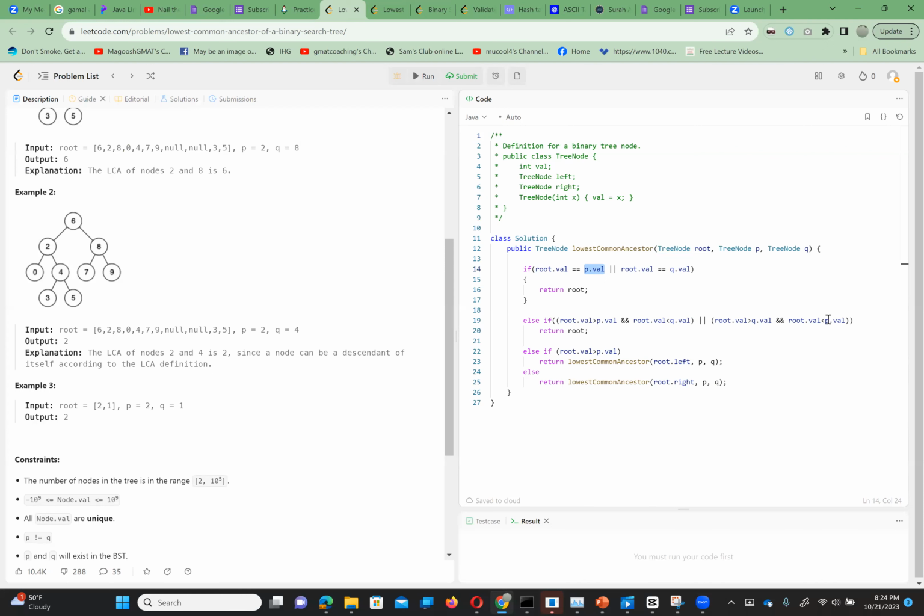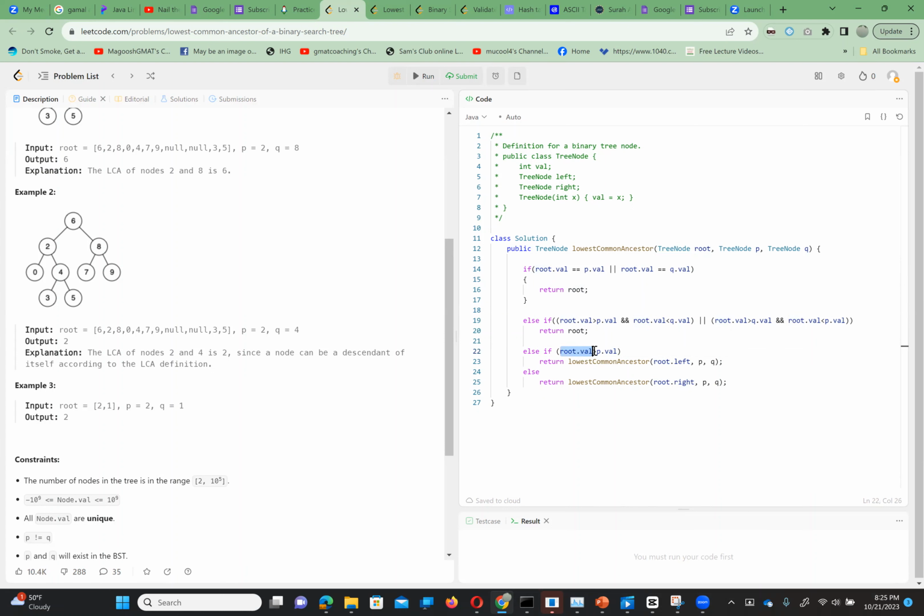Okay, so in that case, this node is a point where P and Q are divided into two subtrees, one in the left subtree, one in the right subtree. In that case, root is the lowest common ancestor. Done.